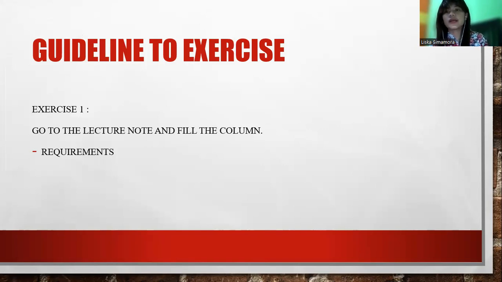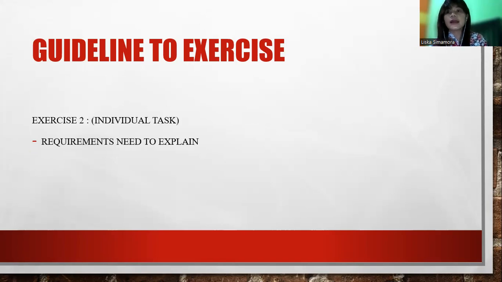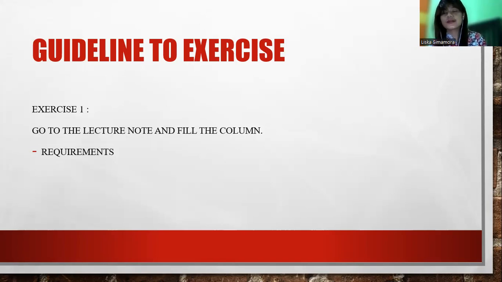Okay, so in this class, we have some exercises: exercise 1, exercise 2, exercise 3, and exercise 4. I have put the exercises in the handout in my lecture note. You can go to the lecture note to find the questions.